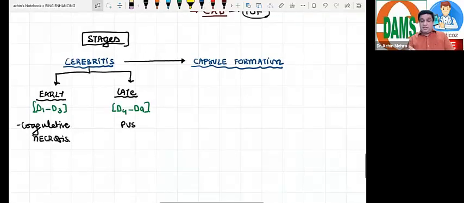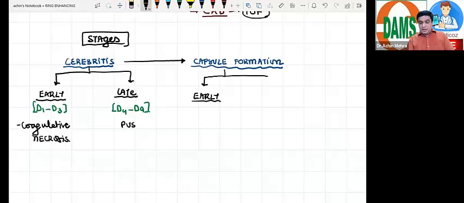That has also been divided into two parts. Again, early and late. Now the early one comes from day 10 to day 13, and the late one comes from day 14 onwards.